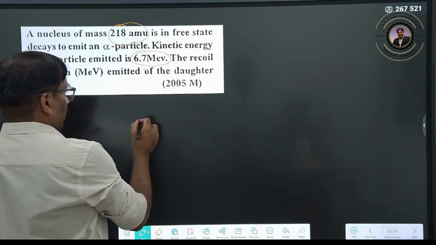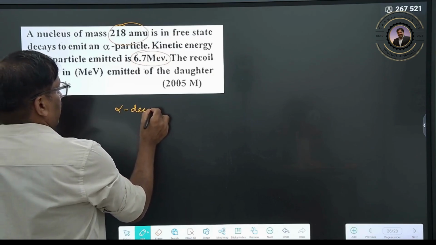Therefore, this is nothing but an alpha decay. So we can rewrite it as an alpha decay.